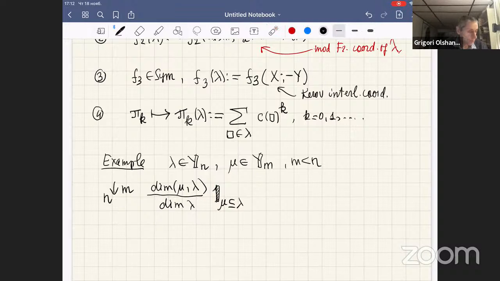Okay, this is a more precise notation. And it turns out that the result as a function of lambda, where mu is a parameter, an index, is some element of the algebra of shifted symmetric functions, and hence this is an element of our algebra A.